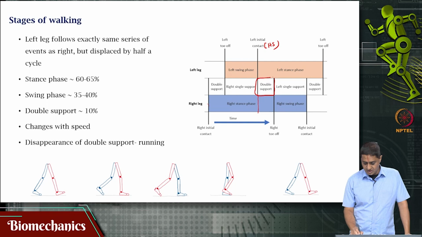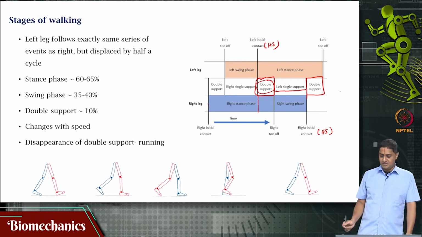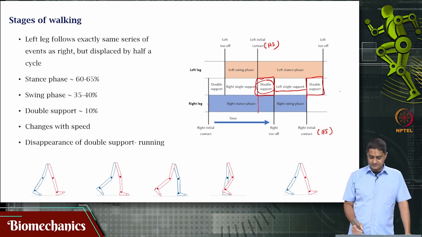That phase is called the double support phase, right. And then the right leg starts swinging, right, initial swing. During this time, the left leg is supporting the body, and then the right leg makes an initial contact as a heel strike, and then the double support phase again follows. So, this continues, right.